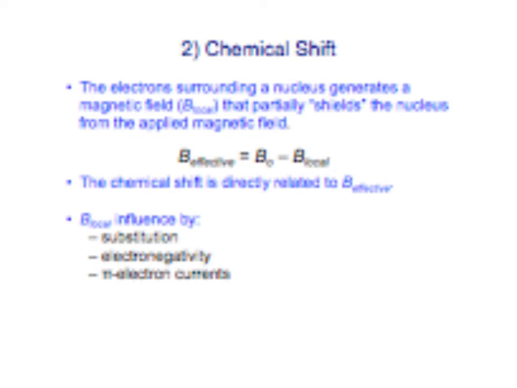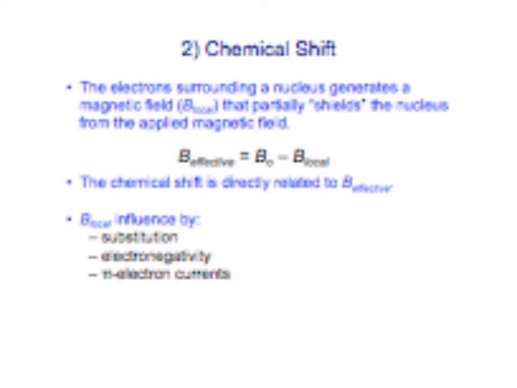Okay? So the way that this in general works is that we have the external magnetic field. We have the nucleus that we're looking at, the proton, and the electrons that are around the nuclei create their own magnetic field.